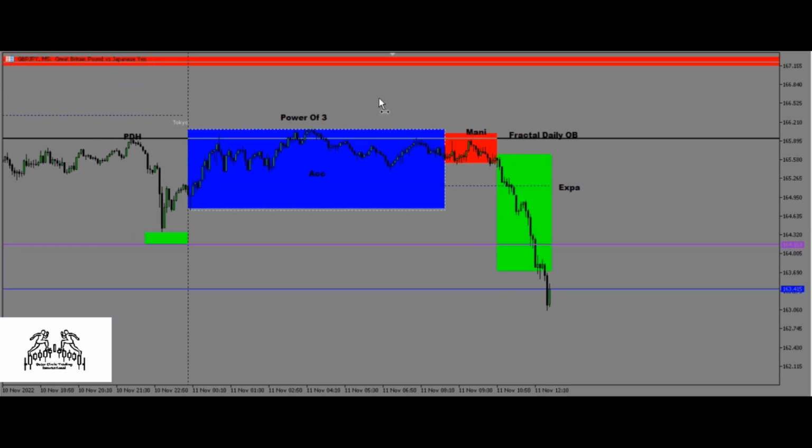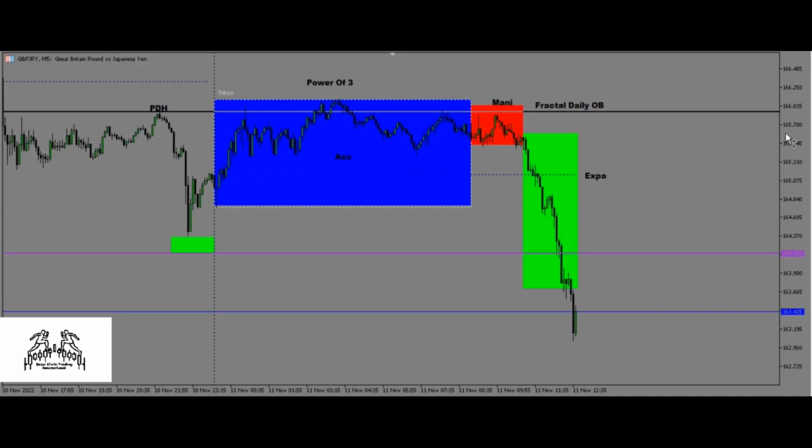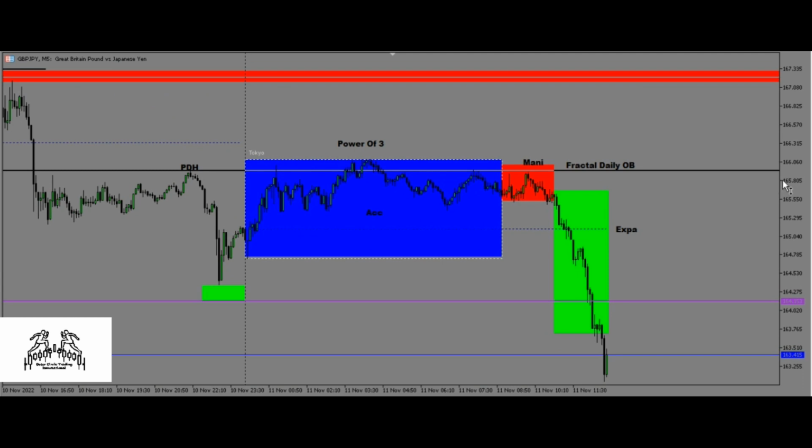There are things I really want to talk about and state clearly in regard to price action, and some of the things which you really need to train your eyes to see. During the accumulation institutions are accumulating orders, and on the manipulation they shift price to the wrong side of the market and expand to the downside.